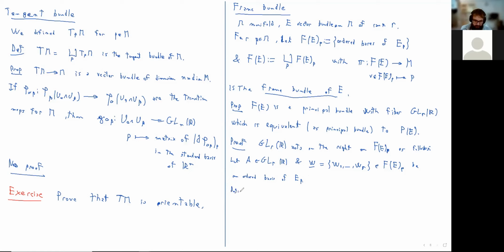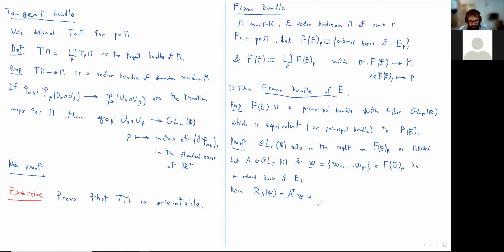And now we define R_A(W), our right action, as the transpose of A applied to W. So this A is an R times R matrix, non-singular, and the transpose again is an R times R matrix. And we apply it to this. But what do we mean? Because normally you apply things to a vector, not to a collection of vectors.